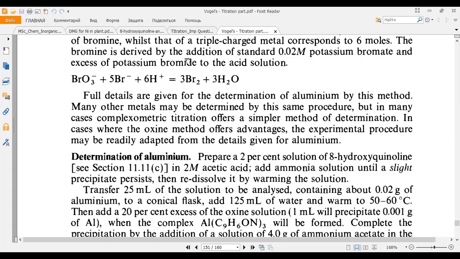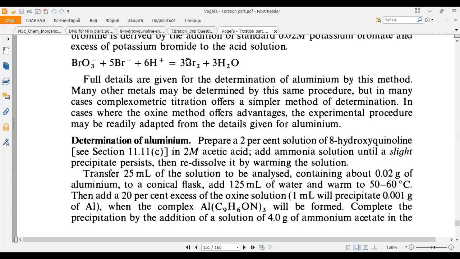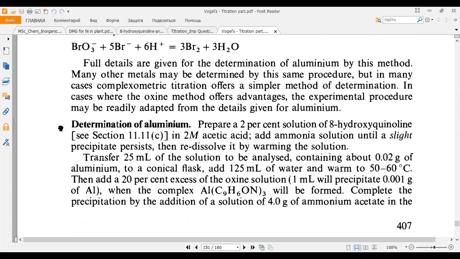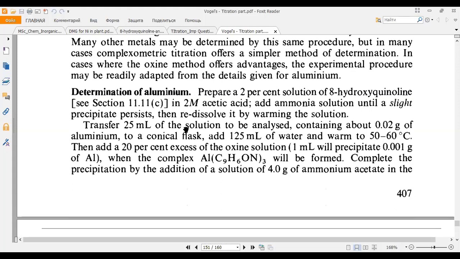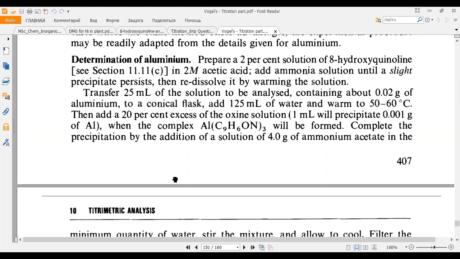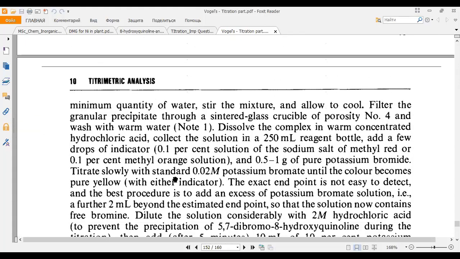You can see all the studies on determination of aluminum, how to do it. Read the book and figure it out.